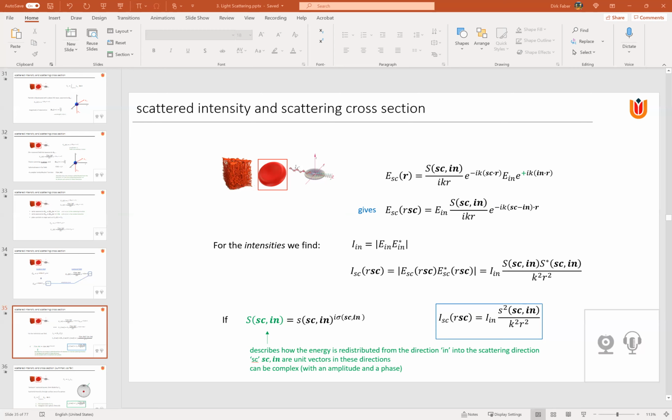Yeah, so is S the end? Can we say that S depends on s_c? That depends a little bit on which S you mean, this one or that one. The black one would be an amplitude. This would be a general complex quantity, which could have an amplitude and a phase. But by splitting it like this and then taking the square, we get rid of all the phase terms.